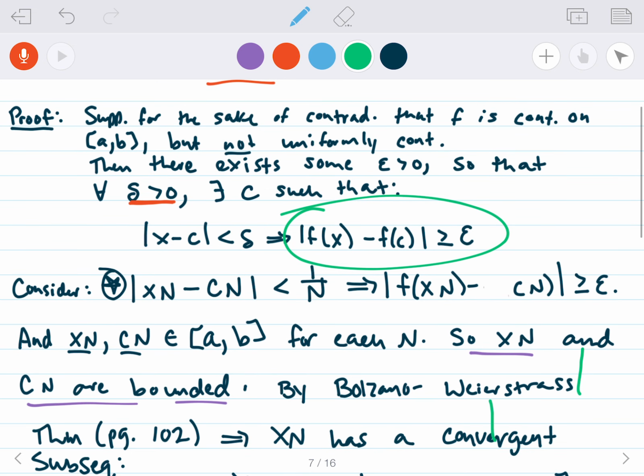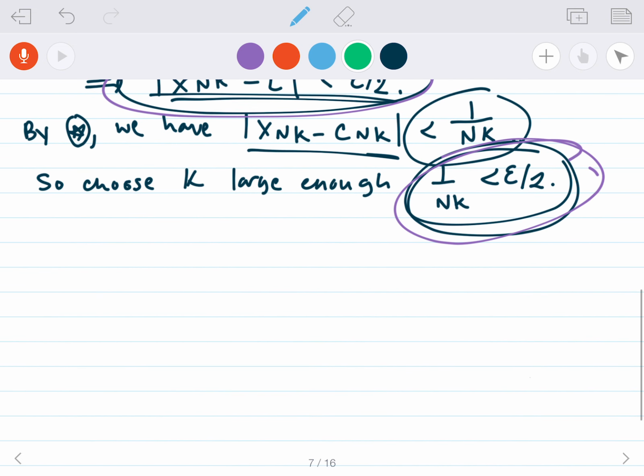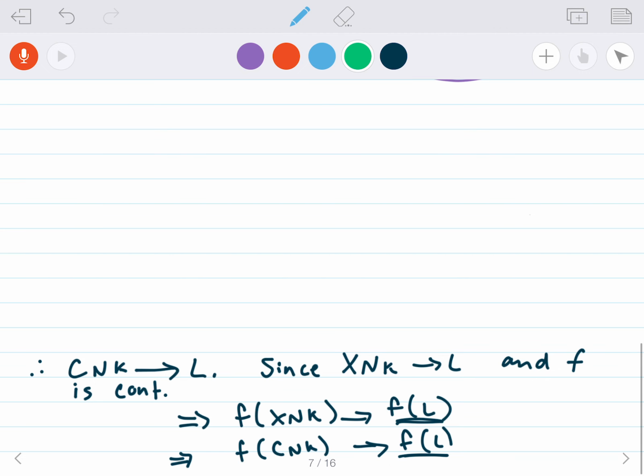So if we rewrite this in terms of our sequences that we just found, we have |f(x_nk) - f(c_nk)| had better be bigger than or equal to epsilon, for each k.